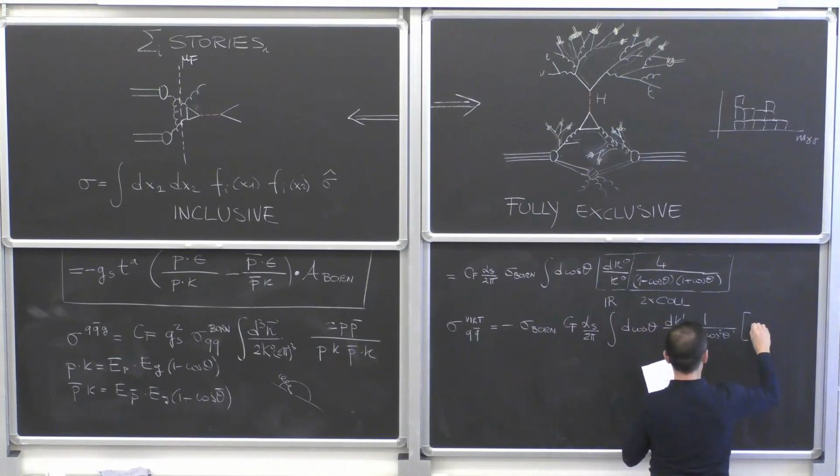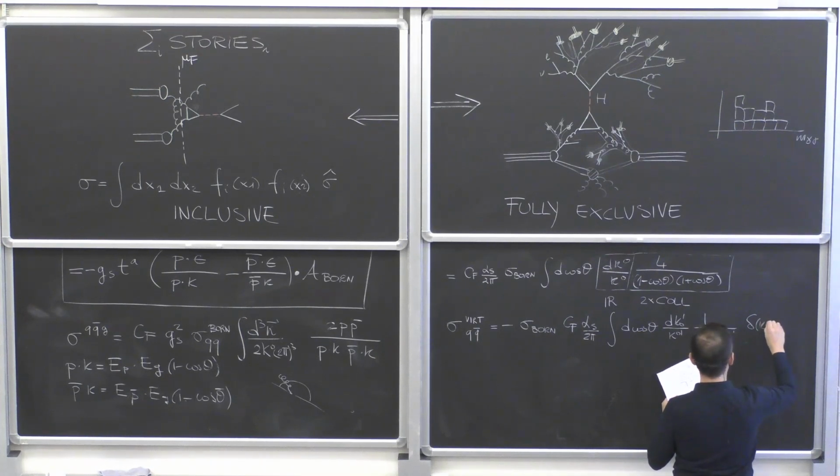I can write it, I can imagine or guess, if you want, from the KLN theorem that the virtual cross-section has to have this form.